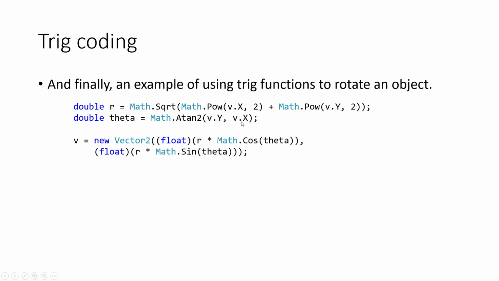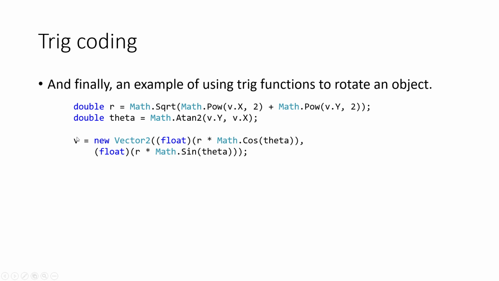So if you've got a vector with an x and y, you can run these two lines to get x and y turned into r and theta. Once you've got the r and theta values, you can then just change theta. So in between these lines, you could increase or decrease the theta angle to make it rotate.